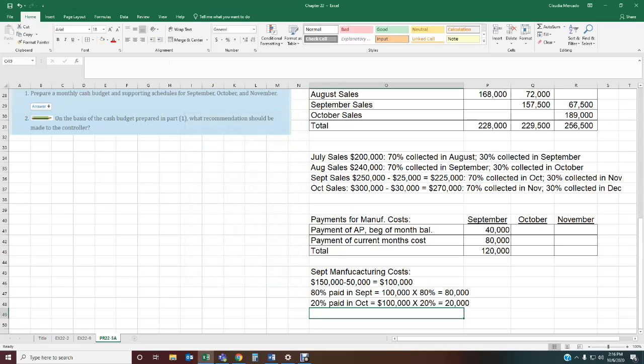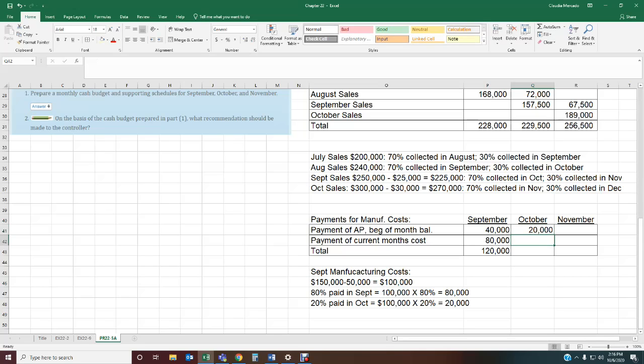The problem says 80% of your manufacturing costs are going to be paid in the month they are incurred, which was the 80,000 here, and then 20% are going to be paid the following month. So my September manufacturing costs are broken down in two different ways. I'm responsible to pay that 20% in October, so that's going to be my balance from the prior month.